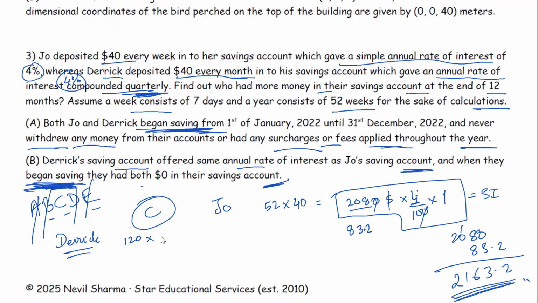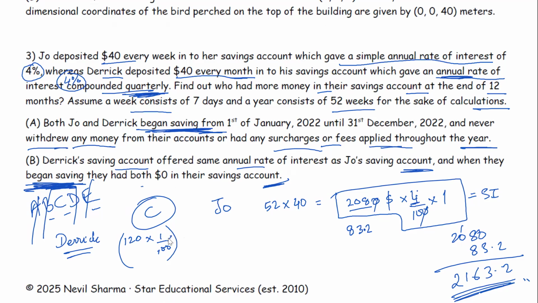So out here, 4% is for the entire year, and there are 4 quarters. So we'll only take 1% and not 4%. Correct? Because 120 is for 1 quarter, whereas 4% is for 4 quarters, meaning the entire annual rate of interest is 4%, compounded quarterly. So for 1 quarter it will be 1%.